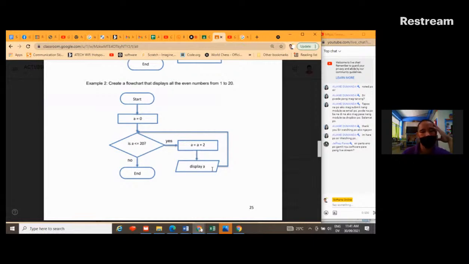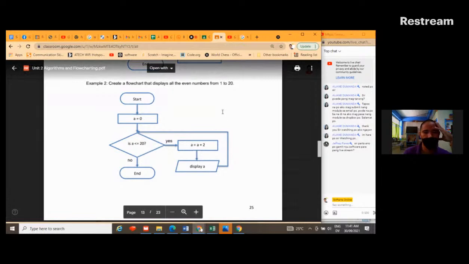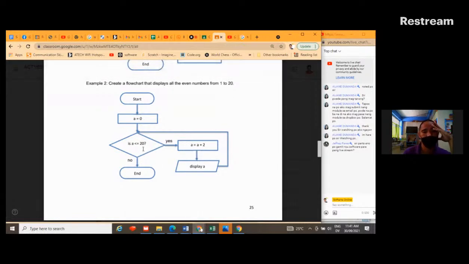So how could we solve this so that our display would only be 1 to 20? So we could remove the equal sign. We could remove the equal sign.